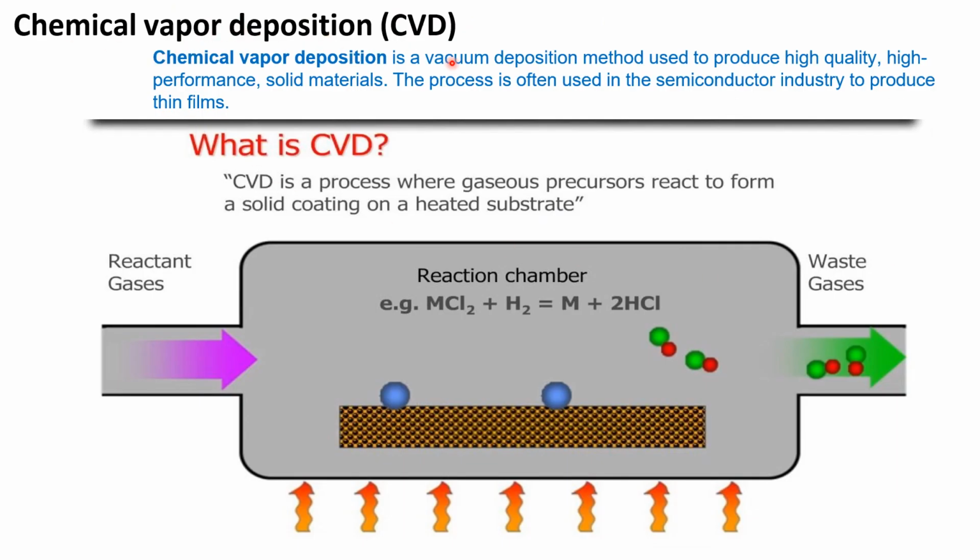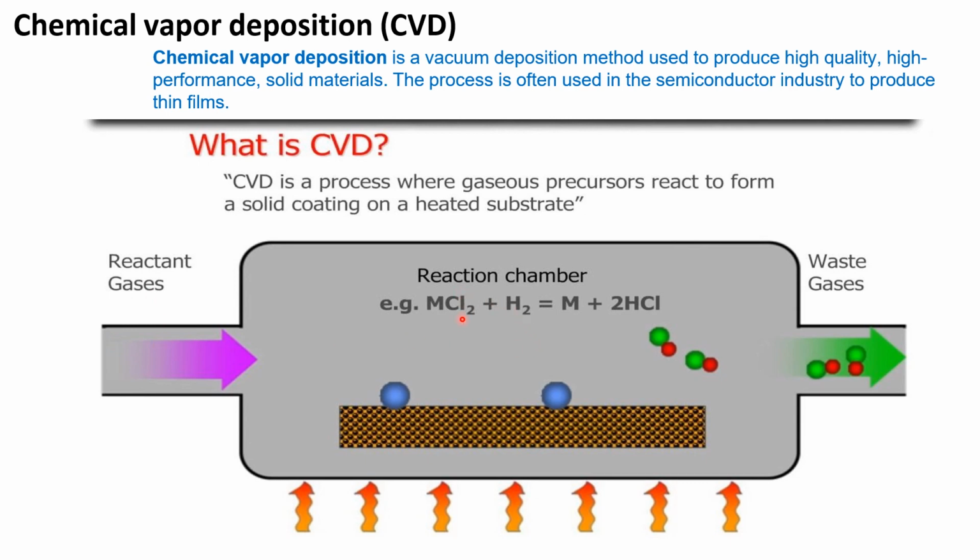And now chemical vapor deposition. In this, high quality films are deposited, and this is used in the semiconductor industry to produce thin films or layers. CVD is a process where gaseous precursors react to form a solid coating on a heated substrate. So reactant gases are moving inside the chamber, and this chamber is at high temperature where the substrate is, and on this substrate the reactant gases, suppose some chloride, MCl2, plus hydrogen gas as another reactant gas.